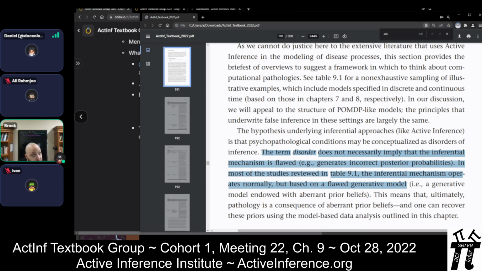And so just to kind of nuance the term their beliefs a little bit.